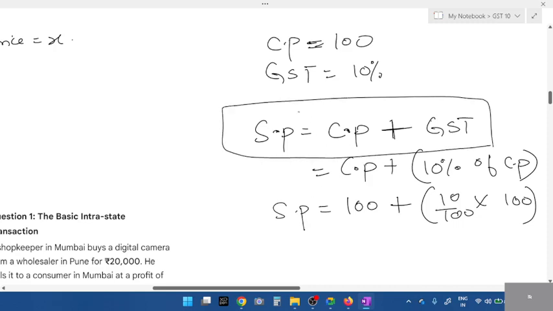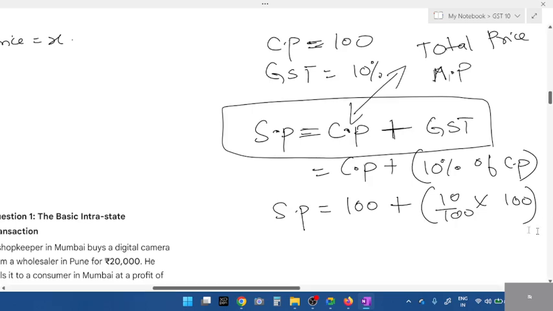Make a note. Selling price is equal to cost price plus GST. In this particular question, they can change this one. Cost price can be given as total price or mark price. Make a note of this. So in place of cost price, they can ask you to find the cost price, total price, or mark price.